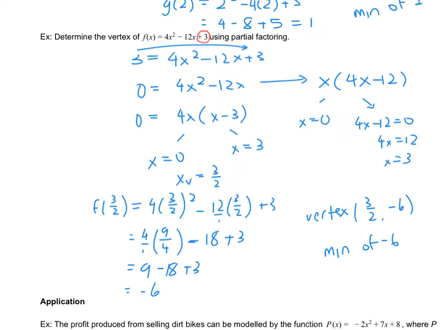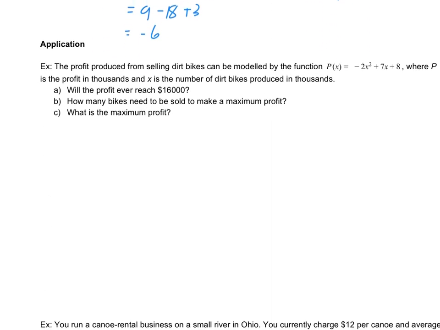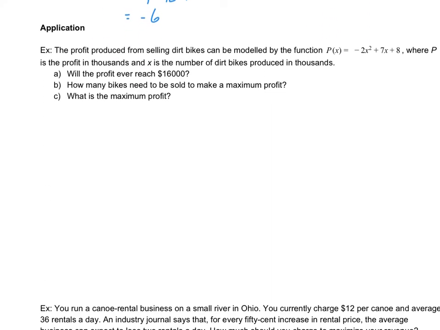So now let's take this idea and apply it to application questions you would have seen in grade 10. So everything we're going to do right now should look a little familiar, nothing super fancy. It's just we're going to change the way we find our vertex. So let's start off with a profit example where we're actually given the equation.